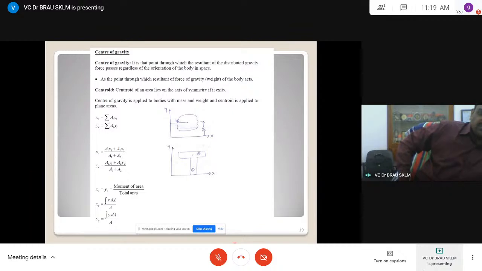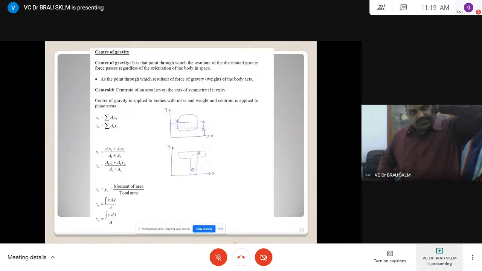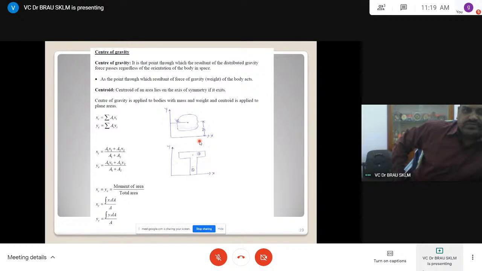Now that is the concept, and it is derived also. Mass into weight, and centroid is applied to plane areas.